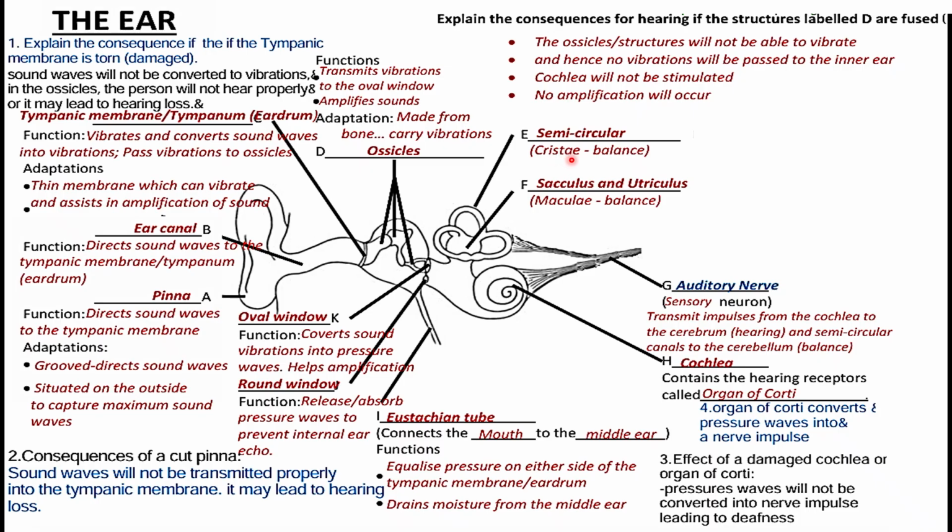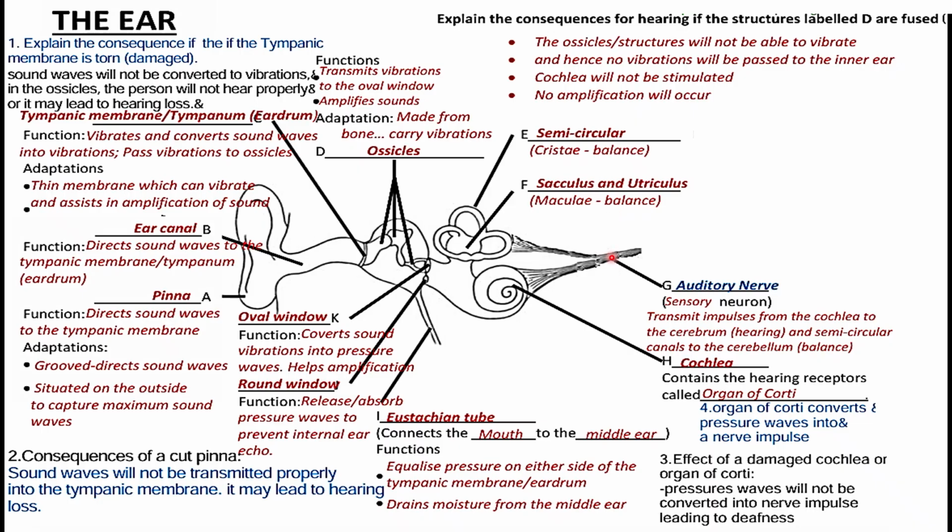The cristae are involved in the maintenance of balance. And then we also have below it the sacculus and the utriculus. They contain a special receptor called the maculae, and the maculae are also involved, just like the cristae, in the maintenance of balance.